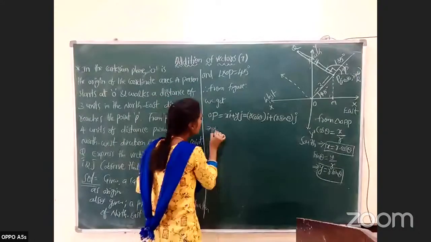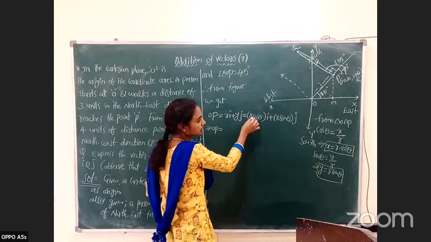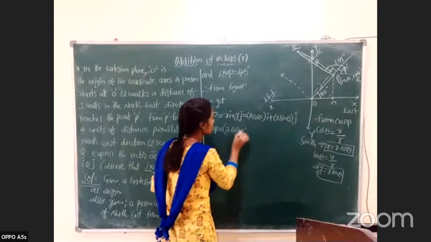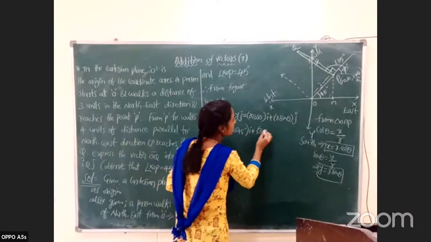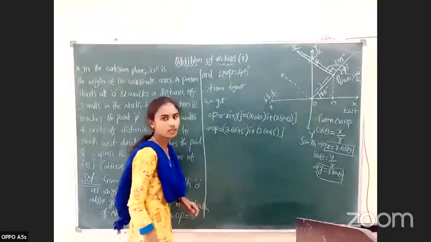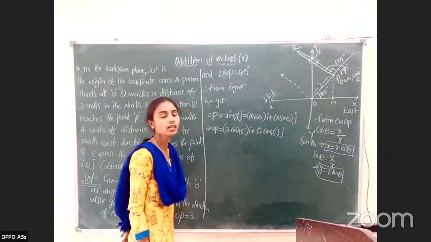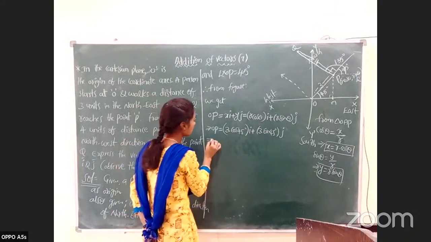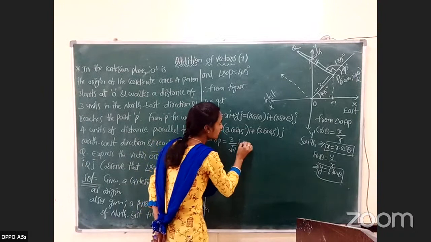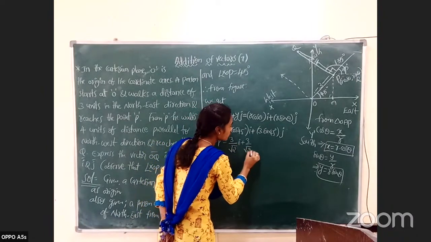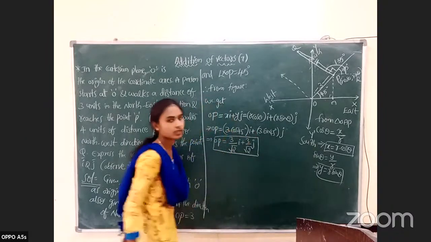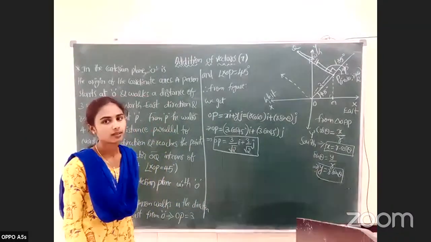That implies OP is equal to, r is nothing but 3 units, 3 into cos 45 degrees i plus 3 into sin 45 degrees j. Cos 45 and sin 45 both are 1 by root 2. That implies OP will become 3 by root 2 i plus 3 by root 2 j. This is the vector OP.